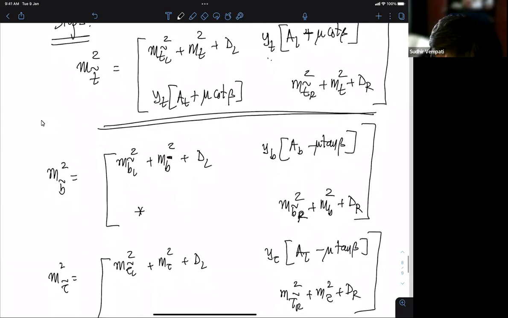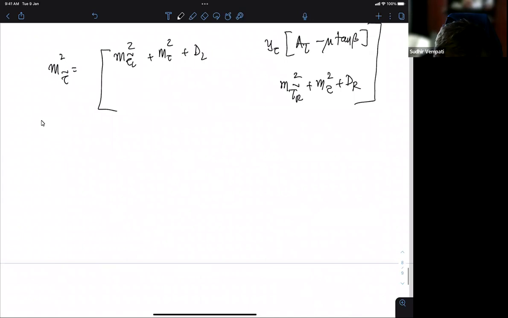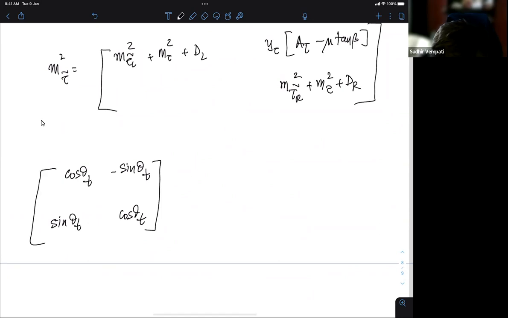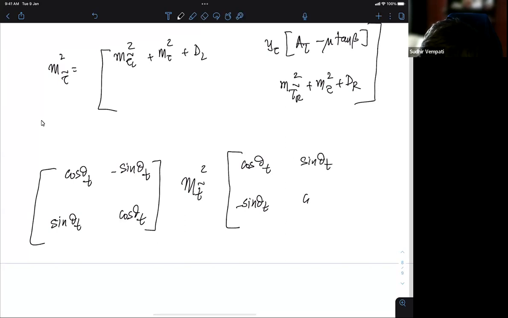Okay, so you can have cos theta_t, sin theta_t, or minus sin theta_t, cos theta_t. Then the stop mass matrix squared, then cos theta_t, sin theta_t, cos theta_t, is equal to diag(m_stop1, m_stop2).